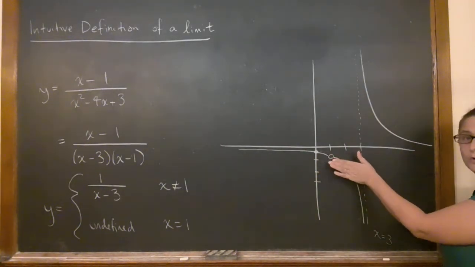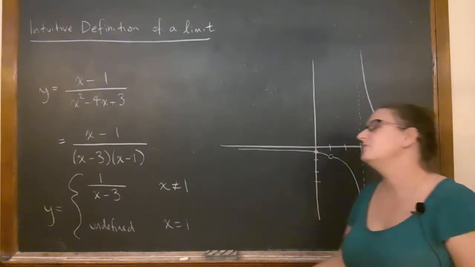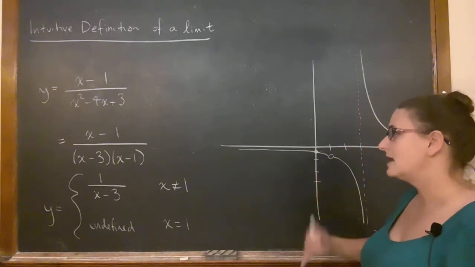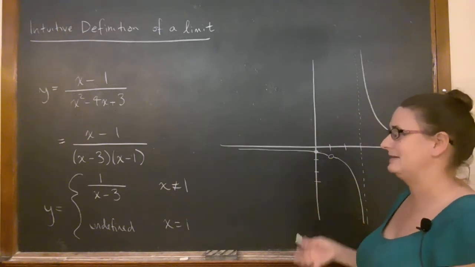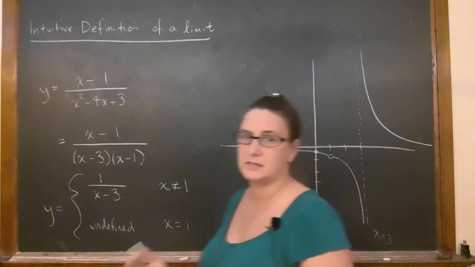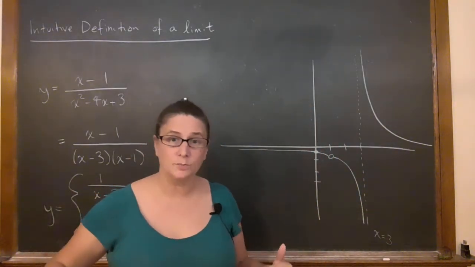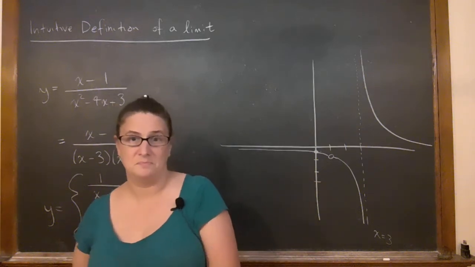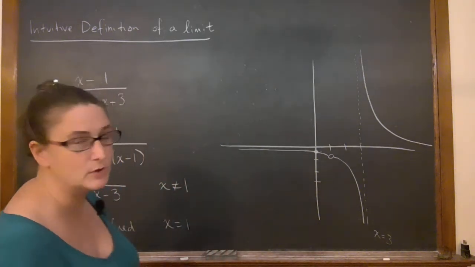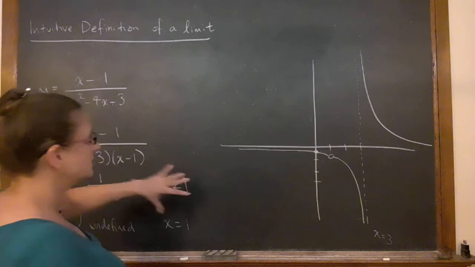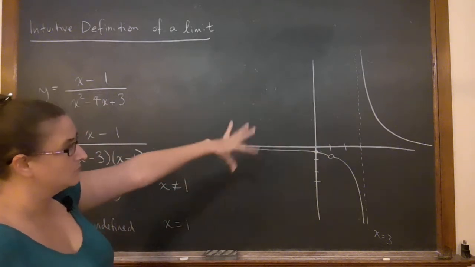You're not going to get any hole there because the calculator doesn't necessarily put every point in there, right? So it doesn't necessarily know. We know more than the calculator knows, we know more than the computer does. So this is what this example looks like.